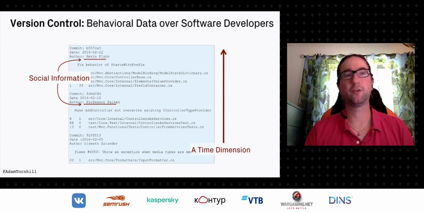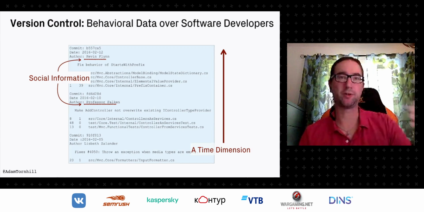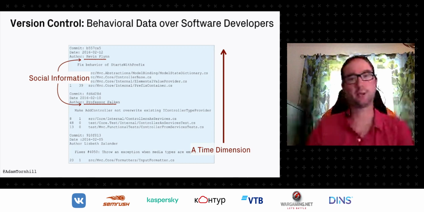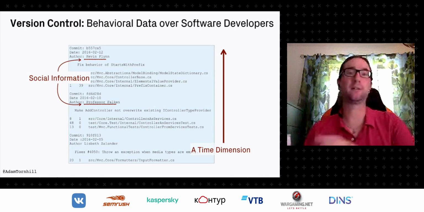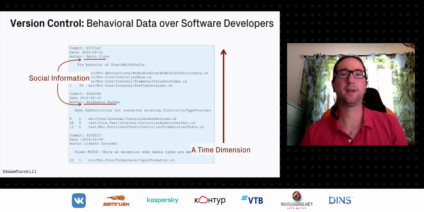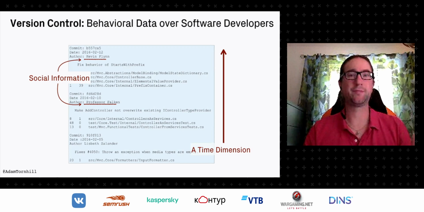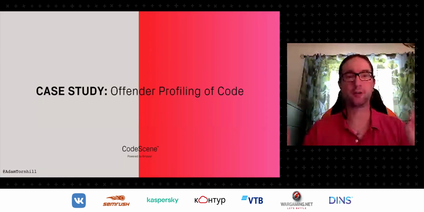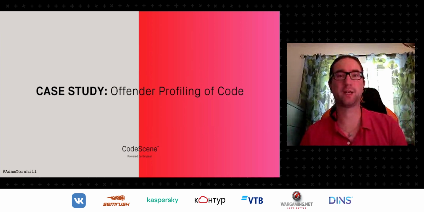So our version control system knows exactly which developer wrote which piece of code. And this is something that we're going to use later in this session to see how we can identify organizational patterns that predict defects. So let's get specific here. Let's move on and look at an actual case study. I want to show you a real geographical offender profile of code.